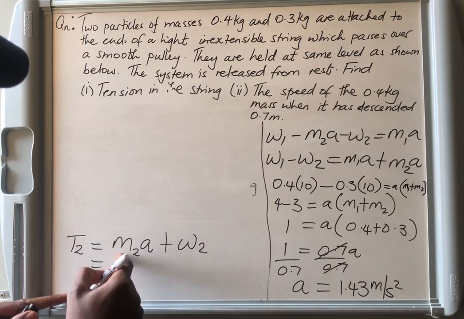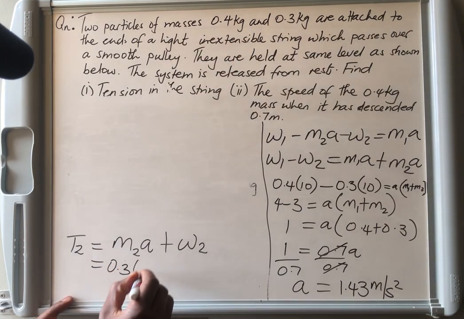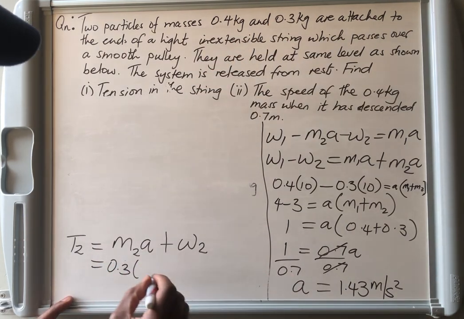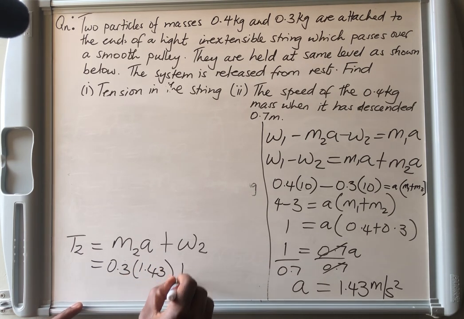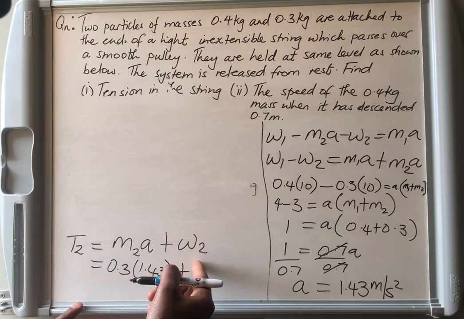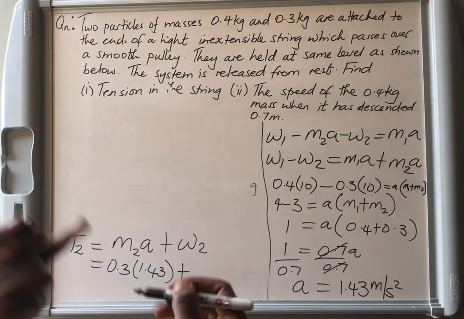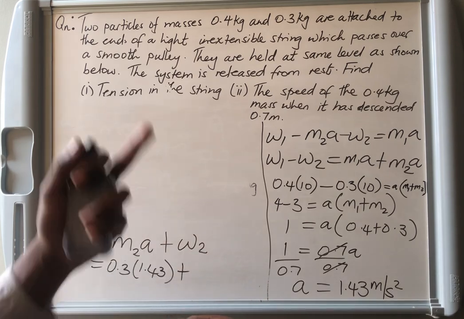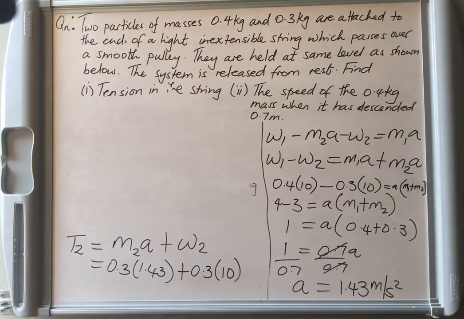So you have here M2, that's 0.3, multiplied by A, that's 1.43, plus W2, that will be mg, okay? Mg, which is M2g. M, that's 0.3, g, that's 10. So if you solve this now, that's going to give you your tension.